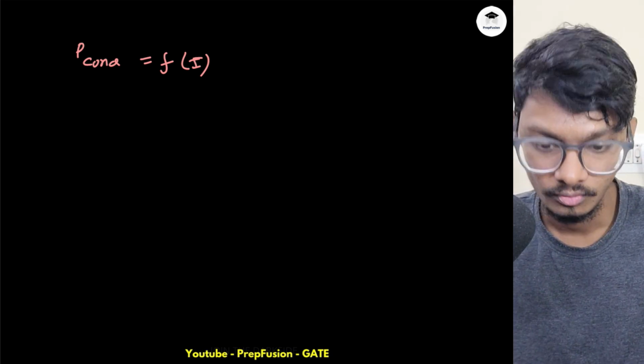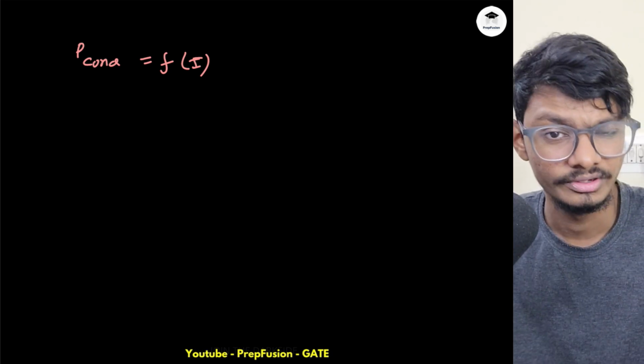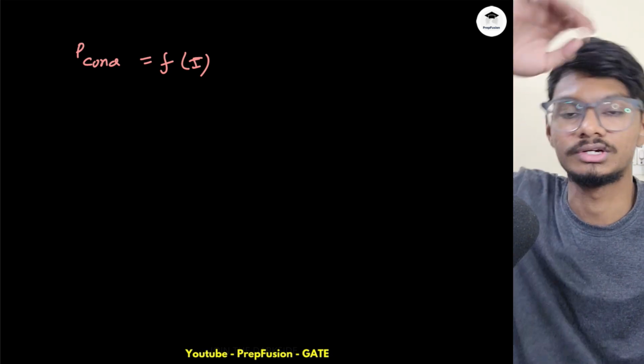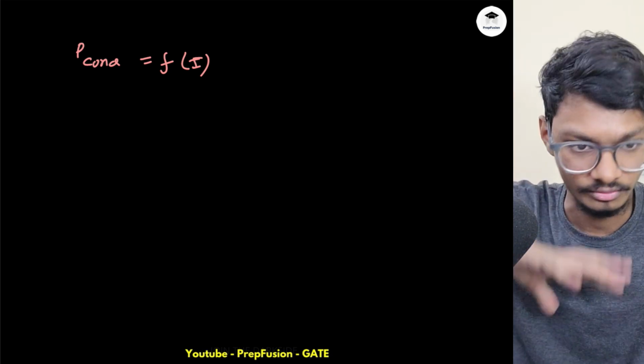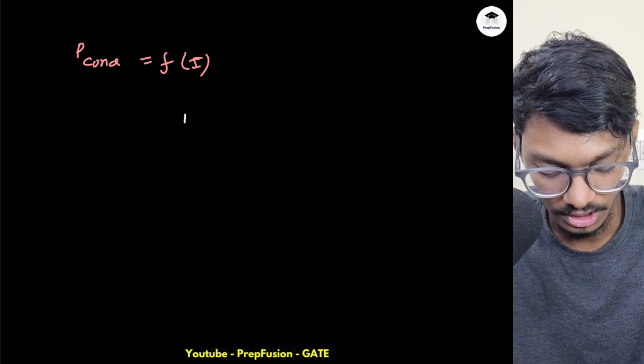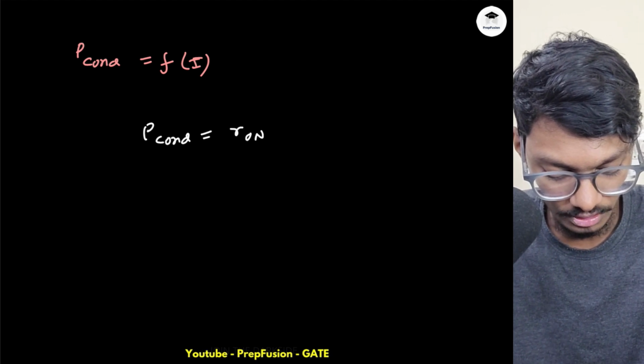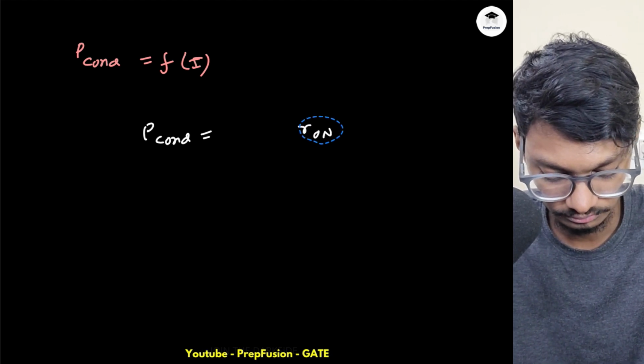When it is on, we can replace it with what? An on resistance, RDS on. If you remember, we used to replace the MOSFET when it was in the linear region with RDS on. So here also we can replace our MOSFET with a resistance of RDS on. So P conduction will be I RMS square into R on.